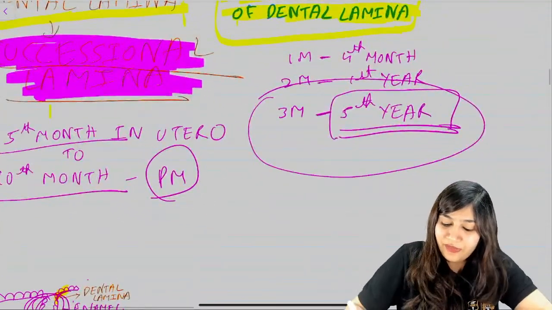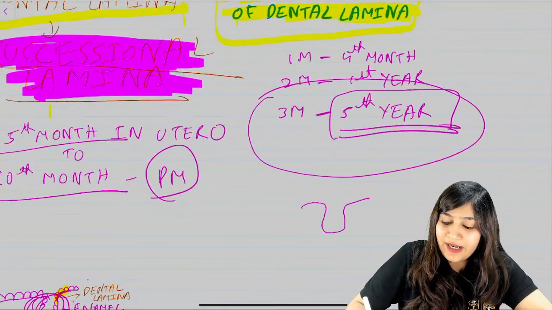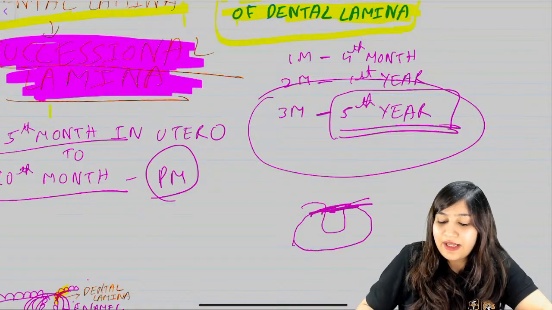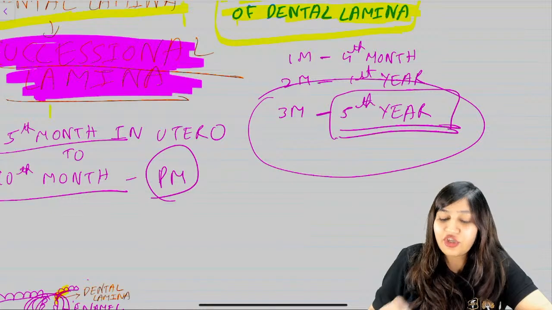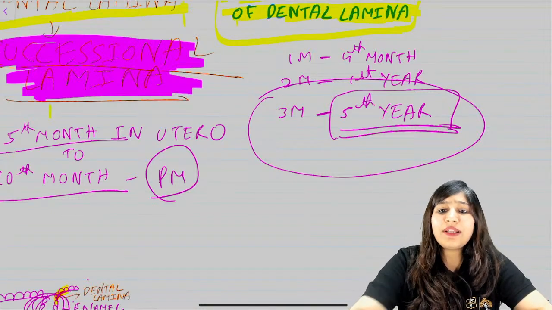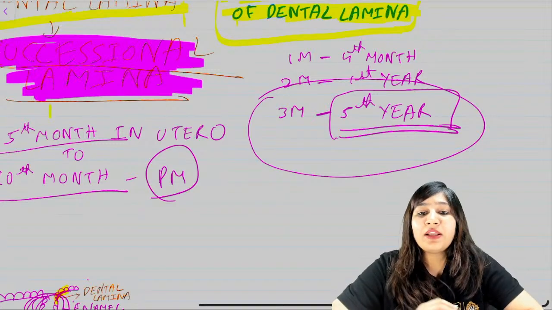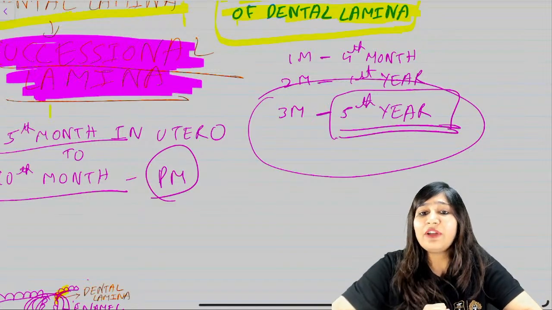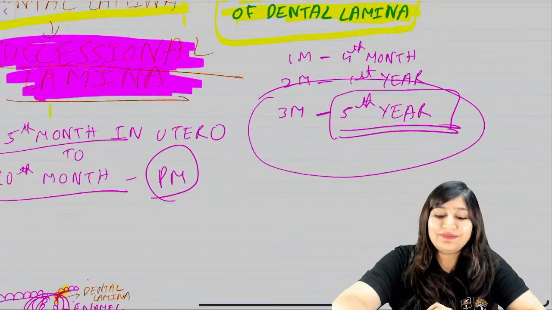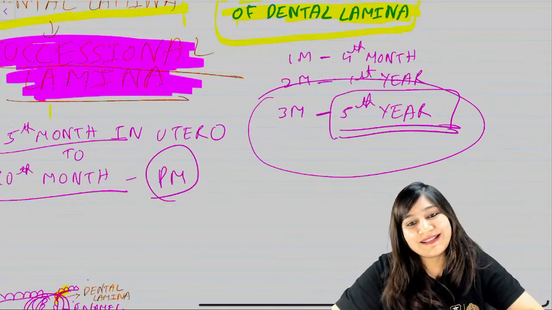After which, this is our dental lamina, right? The surrounding ectomesenchyme will invaginate our dental lamina, and there will be disintegration of dental lamina. During the disintegration, some remnants of dental lamina will be left behind, which are known as cell rests of Serres.